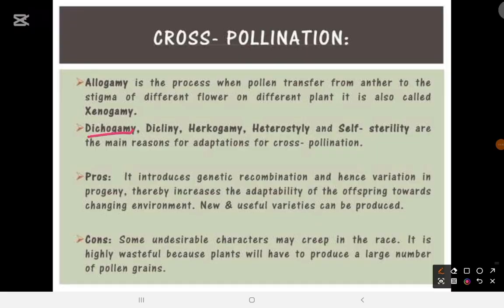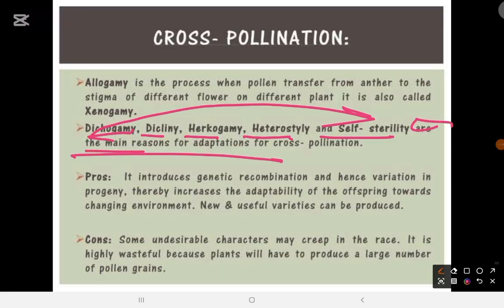I've explained all of these terms in the video where I treated about 88 terms in plant pollination, plant reproduction primarily, so I'll just talk about them briefly. We have dichogamy, declinly, echogamy, heterostyly, and self-sterility. These are the reasons why cross pollination occurs. Okay, so that's that.